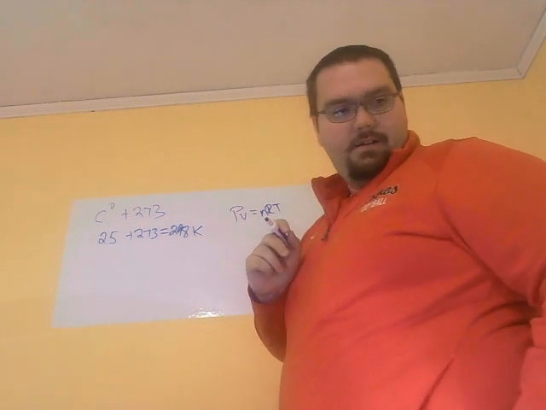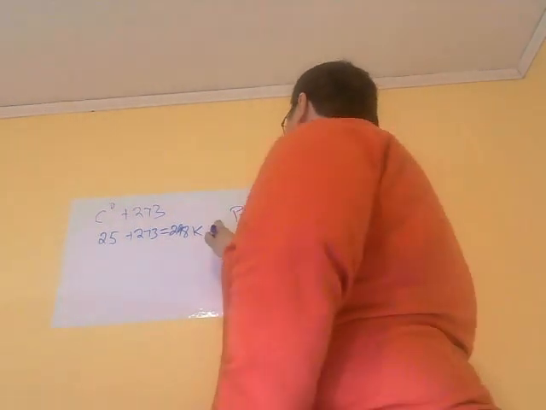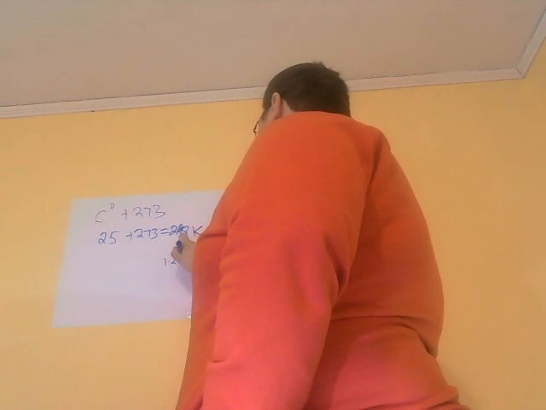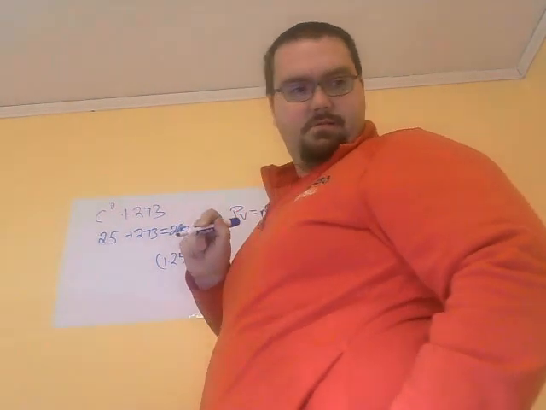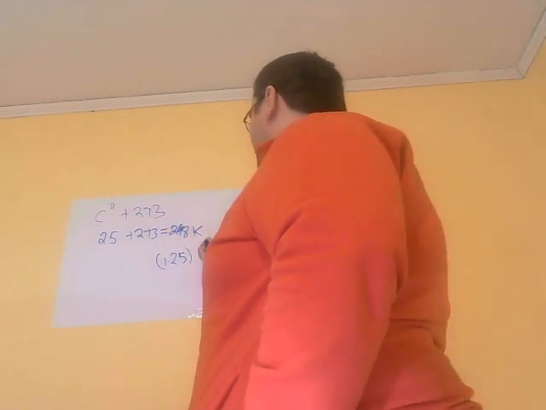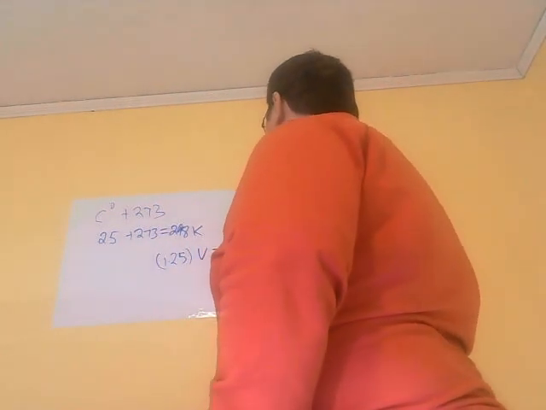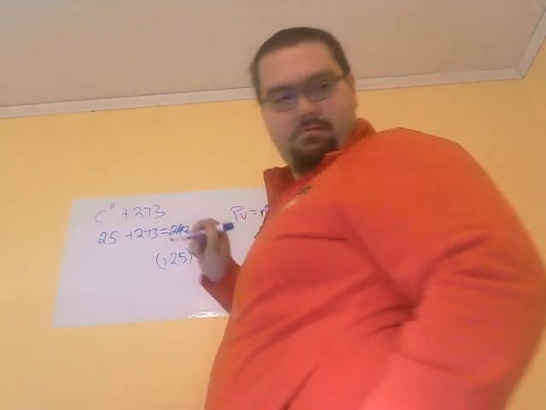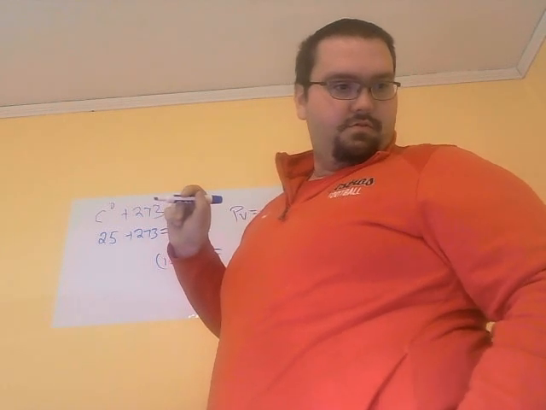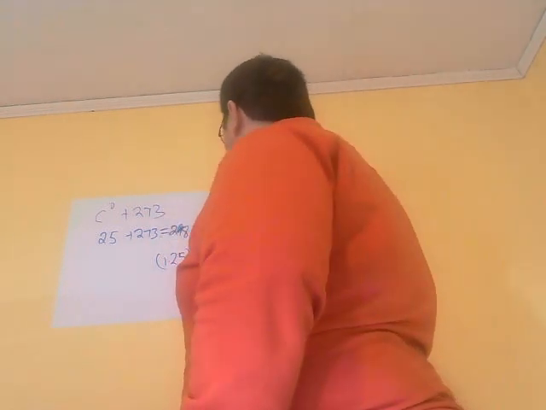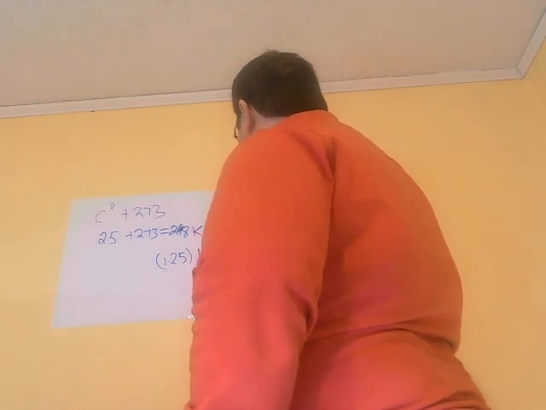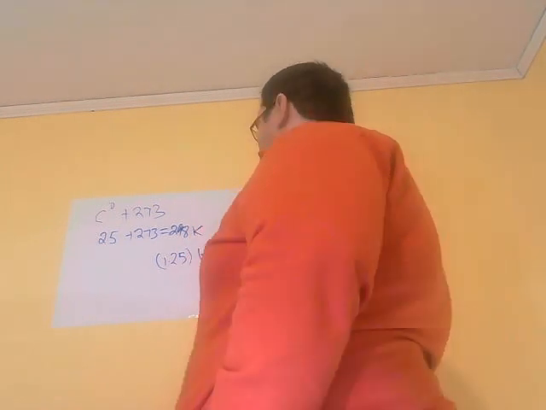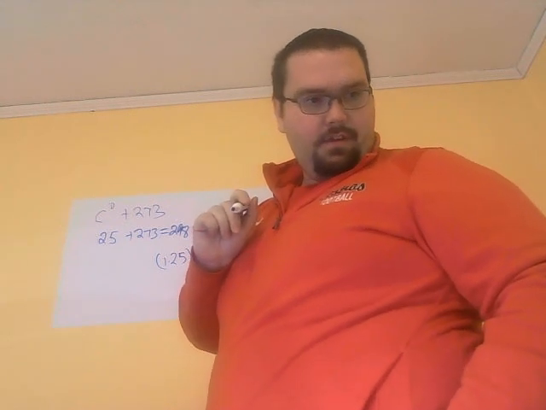So let's put in our variables. We have 1.25. We're trying to find the volume. It's equal to 2.16. That's the amount of gas that we have. 0.0821 because our pressure was given in atmospheres.